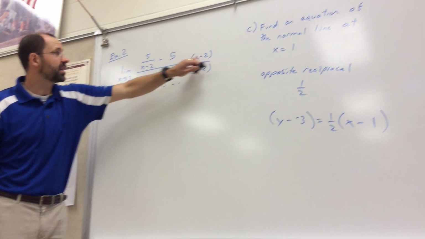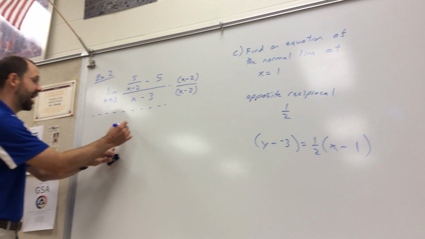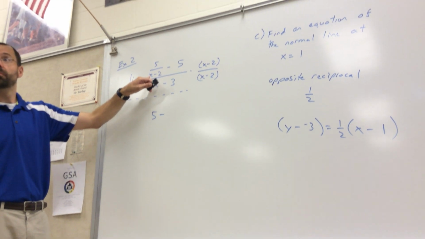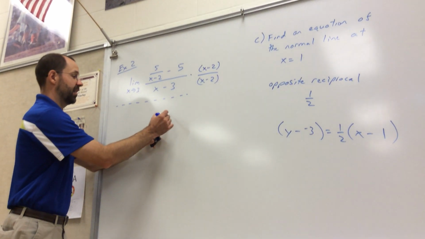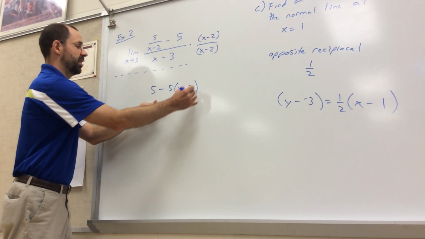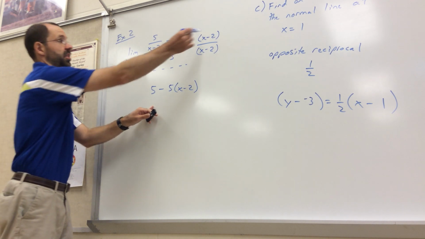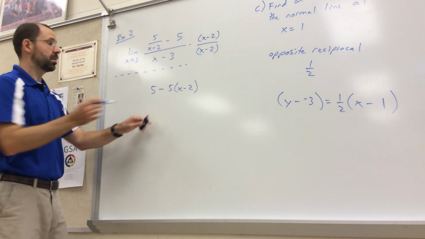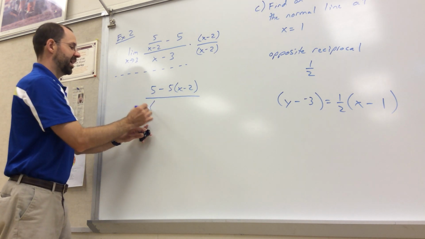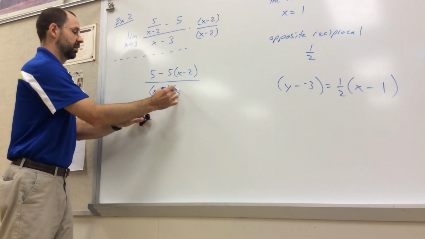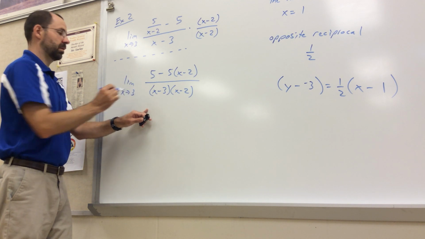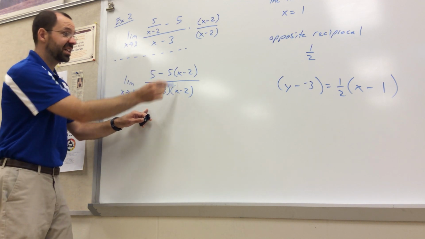So then x minus 2 times that is 5. And then 5 times x minus 2 is there. See how that distributed? The bottom, don't multiply it out, just leave it. Tempting to cancel this.